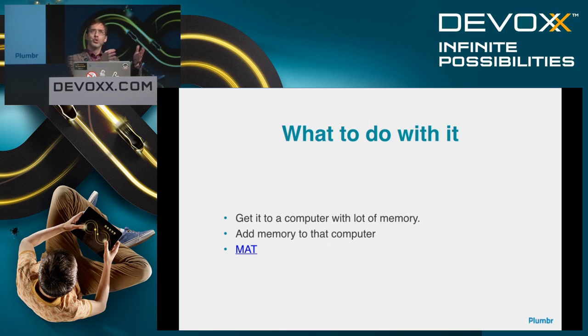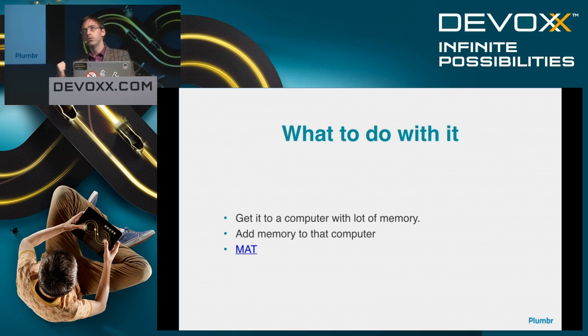So now you should get that heap dump from your production environment to your developer machine. Next step is to add more RAM to that machine, because in general you need almost the same amount of memory for parsing that heap dump, or that parsing will take a really long time.